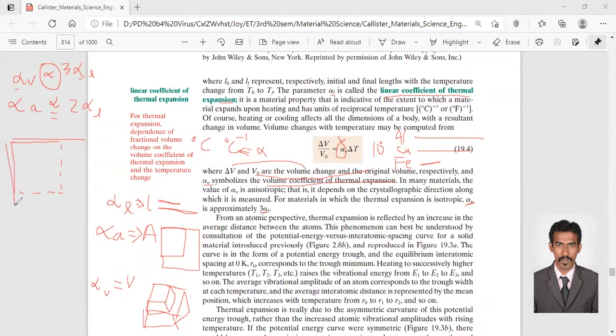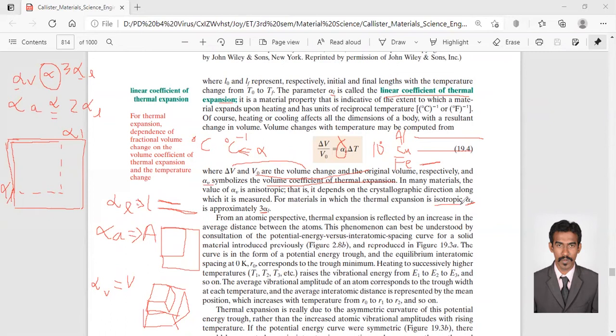So this will come like this, and this will go like this. So here you see this way an alpha L is occurring, and this way an alpha L is occurring, so here we have 2 alpha L. That's why alpha A can be stated as 2 into alpha L. The only thing is it should be in isotropic condition. Isotropic means a kind of uniformity in increasing, right?